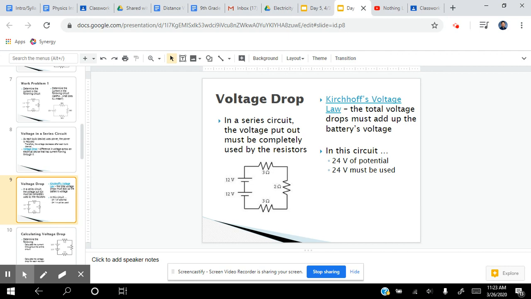So the voltage drop of each of these resistors, once I find each of those voltage drops, you're going to see that it actually adds up to 24. Okay, so 24 volts is what we have of electrical potential, and 24 volts is what we are going to use when we are all said and done. All right, so let's see what that would look like then.